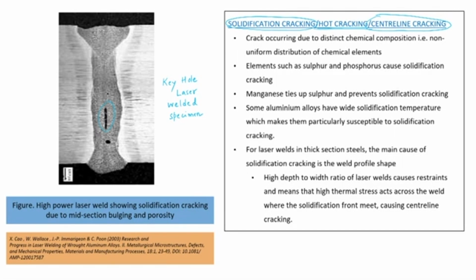The crack occurs due to distinct chemical composition, that is, non-uniform distribution of chemical elements. Laser welding is used for joining alloys, and they have elements with diverse, non-uniform chemical compositions.